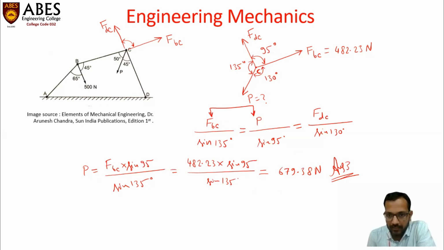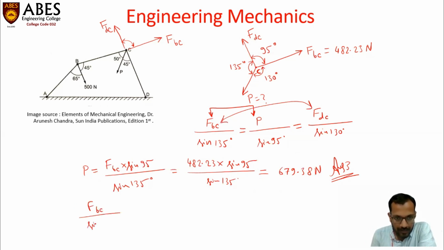Now consider the first and the last term. First and last. So let's write FBC upon sine 135 is equal to FDC upon sine 130.